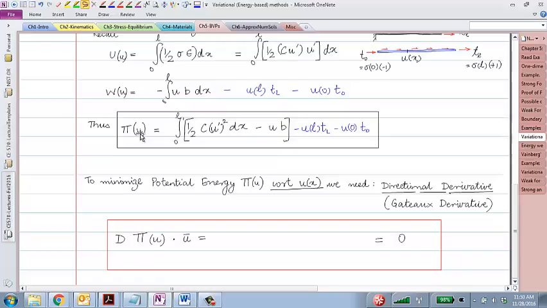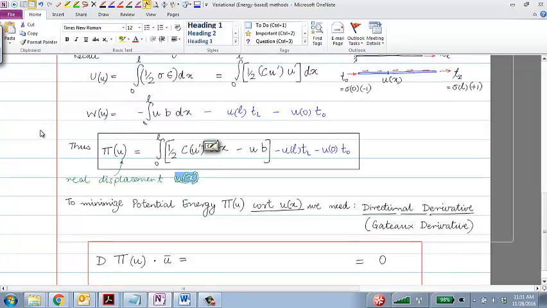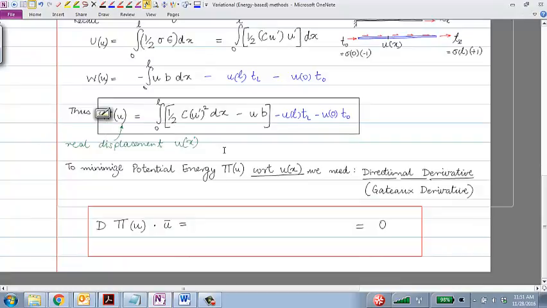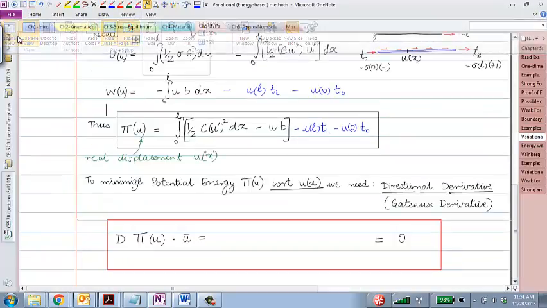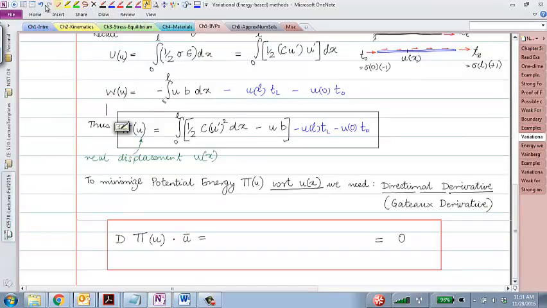And there's another important point to point out here. This is the real displacement function u of x. Note that this is slightly different from what we did back with the G functional.